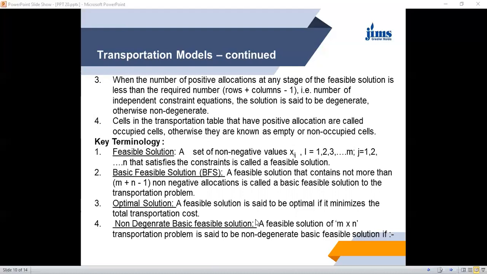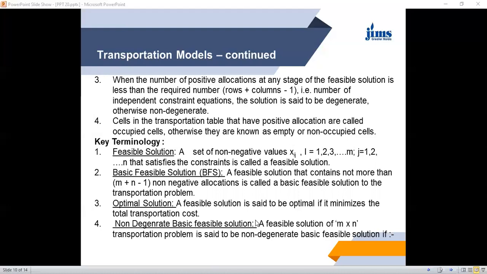That instead of supplying, you are taking out some material from there. But this is not the problem under consideration. We have to supply some quantity of material from one source to another destination, not that we are pulling out material from those destinations to the source. This is not the case.